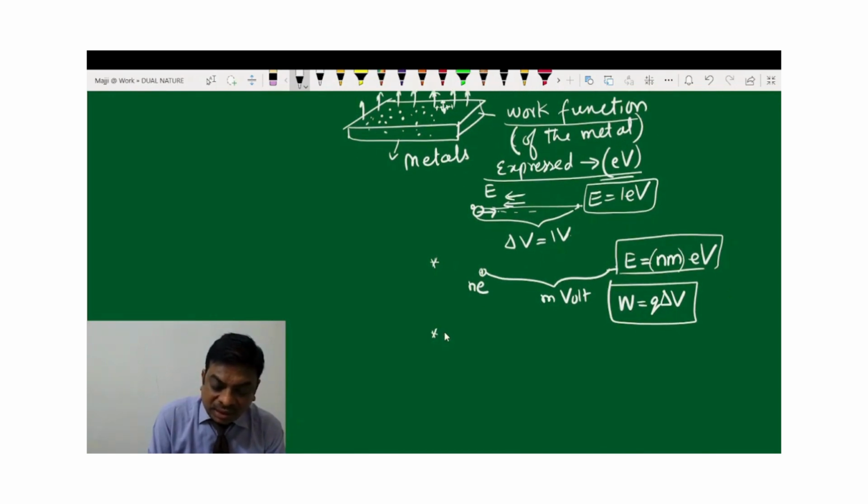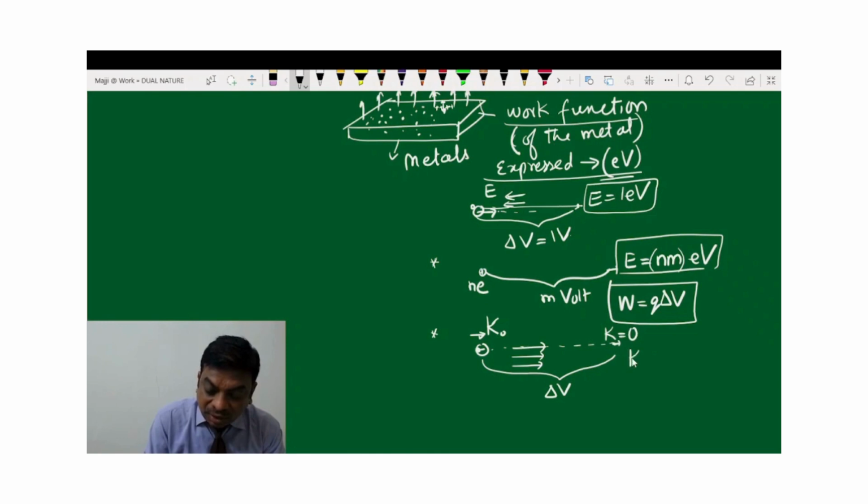Second thing you have to understand, that suppose an electron with the initial kinetic energy K naught is made to retard by navigating, let us say, potential difference delta V, so that its final kinetic energy becomes 0 exactly. Then work done against the electric field by the electron will be Q delta V. So here the work done will be equal to its own kinetic energy, because it does work at the expense of its own kinetic energy.